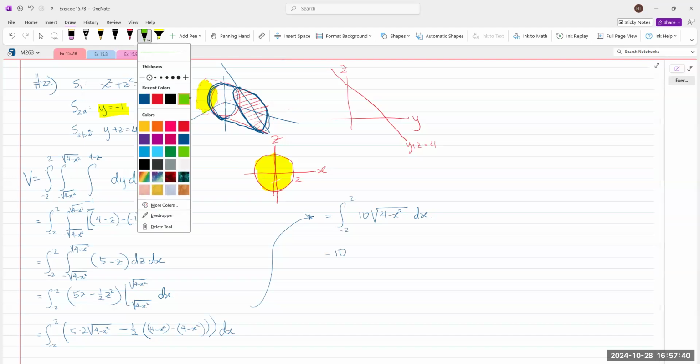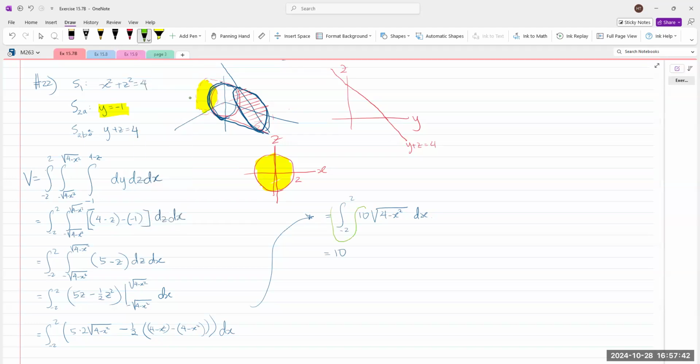This integral here is the area of a semicircle with radius 2, right? Think about that. That is from -2 to 2, right?